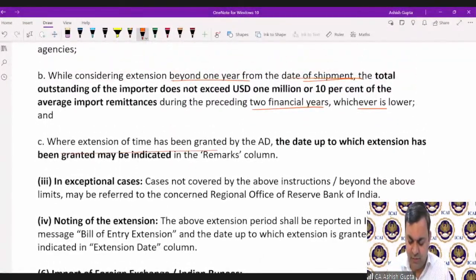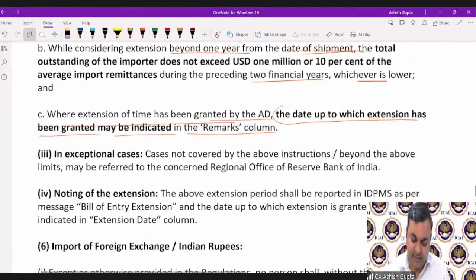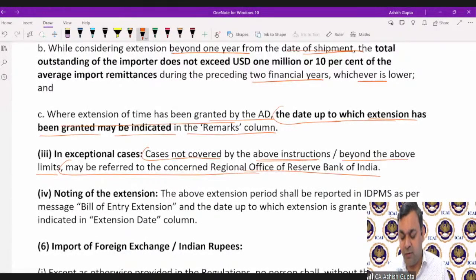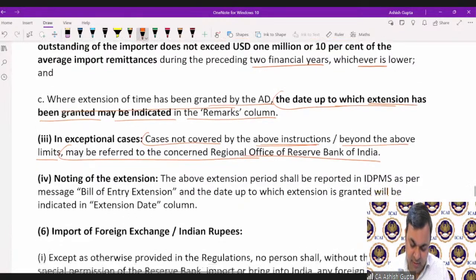Where extension of time has been granted by the AD, the date up to which extension has been granted may be indicated in the remark column. In exceptional cases not covered by the above instructions or beyond the above limit, the matter may be referred to the concerned regional office of the Reserve Bank of India.